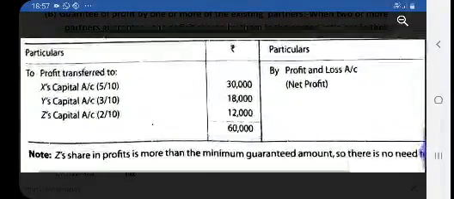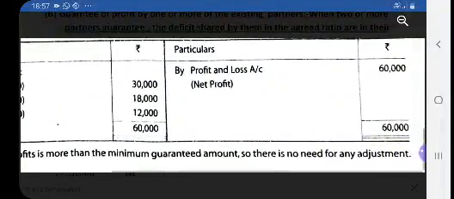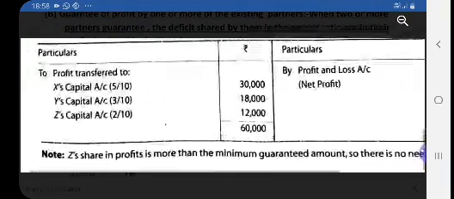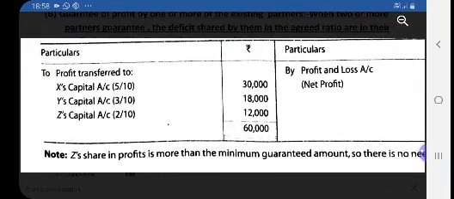In the second year, just find the difference. 60,000 is the net profit and Z's share of profit is coming to 12,000. What does it mean? The guaranteed minimum is 10,000. If it is coming to more than 10,000, then the same amount will be given to Z, that is 12,000. There is no deficit, so nobody will bear a deficit. Whatever the share of profit Z is getting, he will get, that is 12,000.